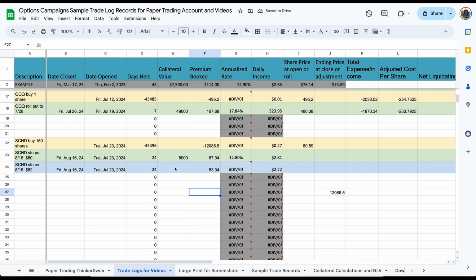And I'm going to put the collateral value at $8,059 because that's what I paid for the 100 shares I'm using to secure this covered call. I can delete that calculation.